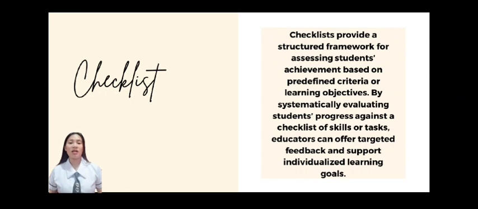So educators can offer targeted feedback and support individualized learning goals. For example, a checklist for a writing assignment might include criteria such as organization, clarity, and supporting evidence, enabling the teacher to assess each aspect separately and provide constructive feedback.